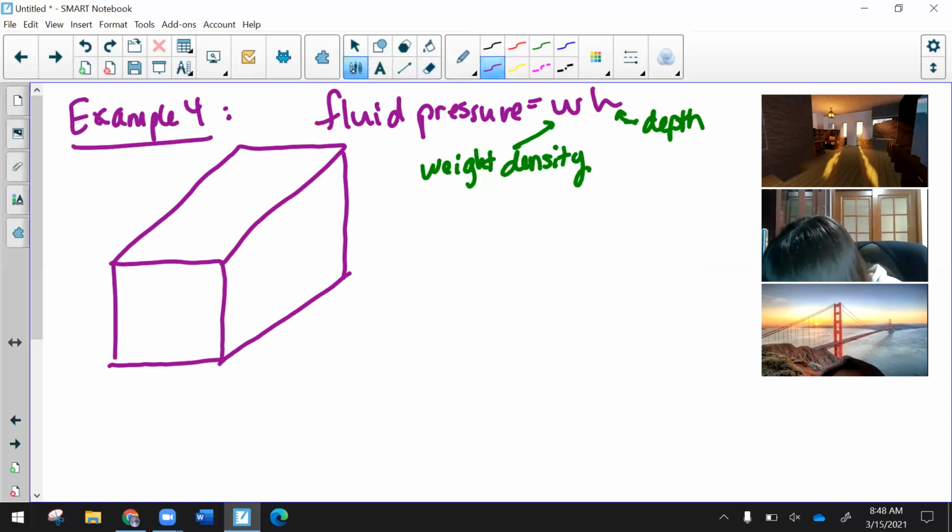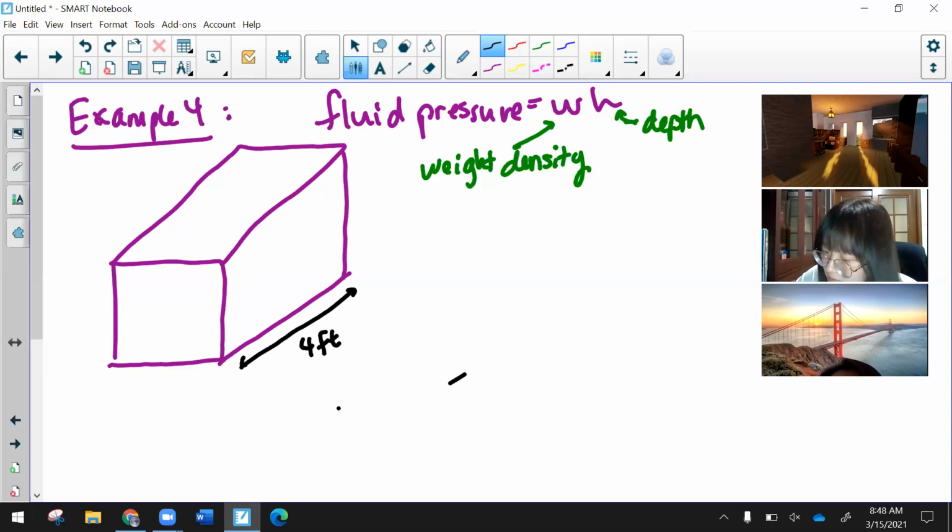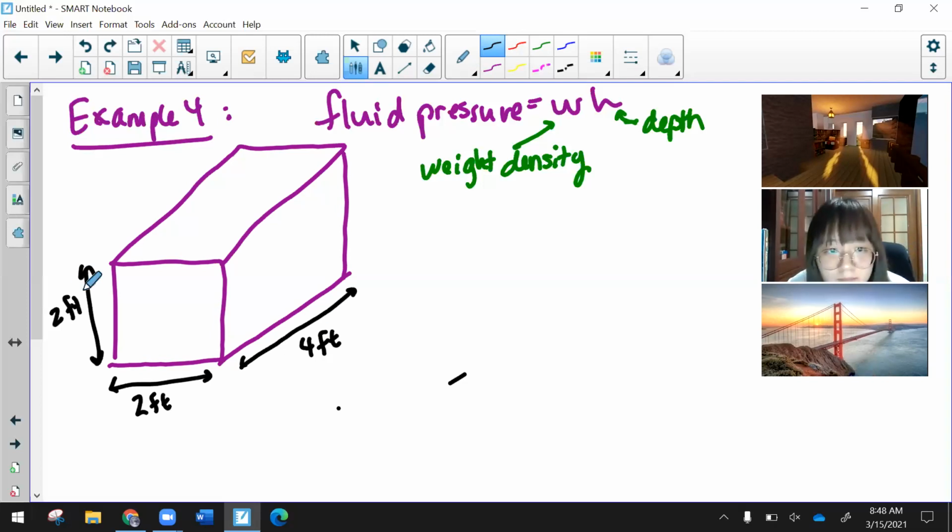Okay. So the length of our tank is 4 feet, 2 feet, 2 feet. But it's important to remember that it's not filled all the way up to the top.